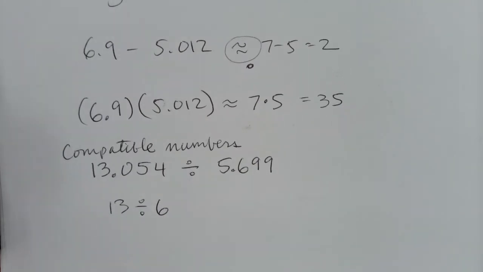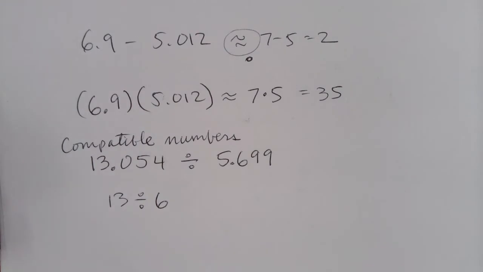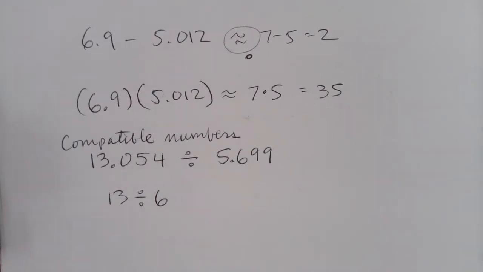And that's the goal here when you're estimating, to do it quickly, to do it on the back of your napkin, or to do it in your head. That's the goal, right? I need a close answer without having to do a whole bunch of calculations.